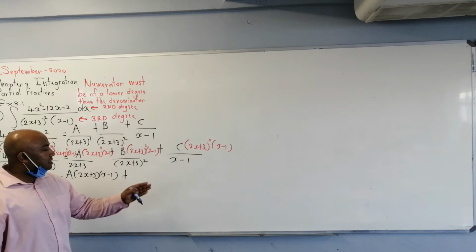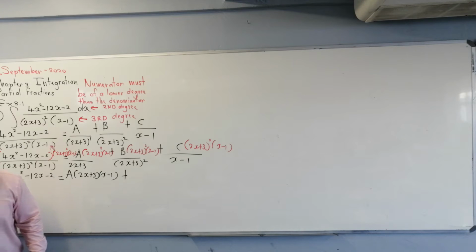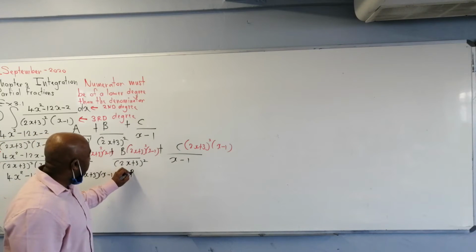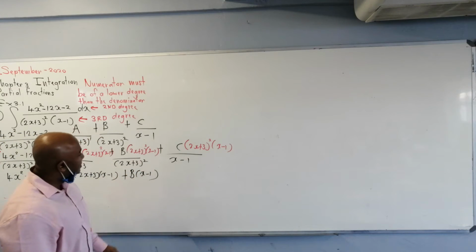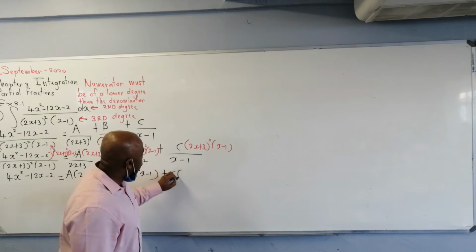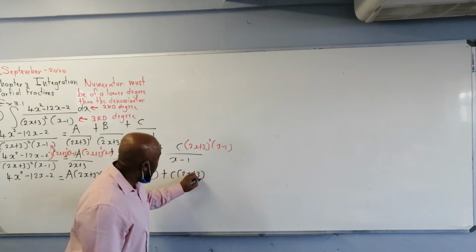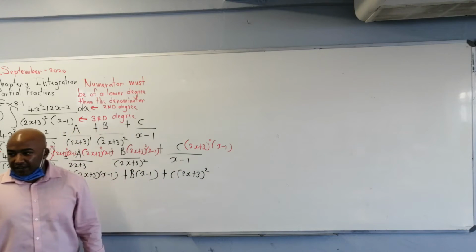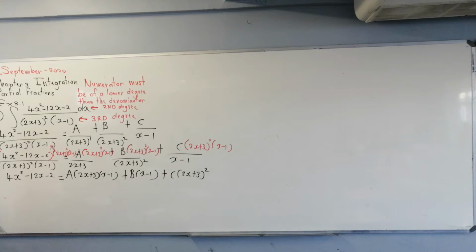Here, 2x plus 3 all squared will cancel one time there, and you end up with B times x minus 1. x minus 1 will cancel there, so that will be plus C times 2x plus 3 all squared. Now, did you follow what happened there? Just simple cancelling.